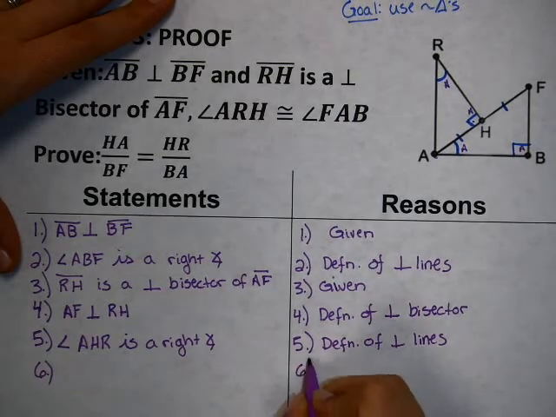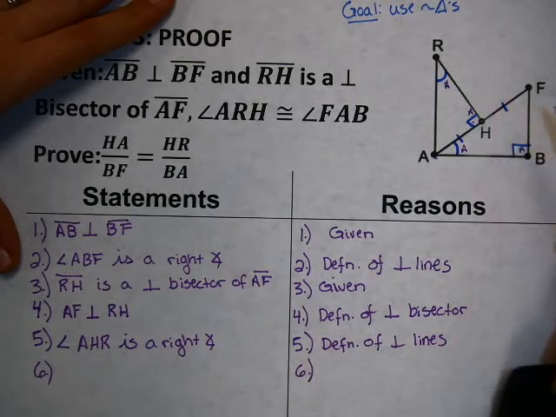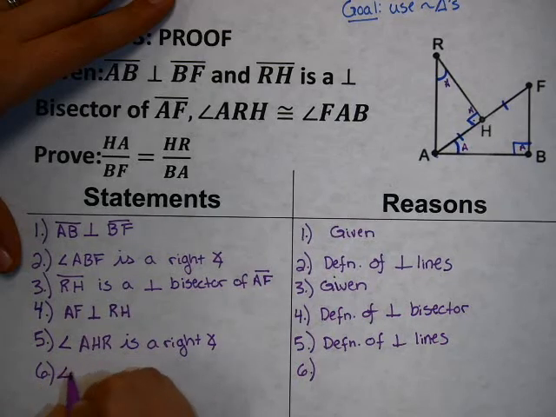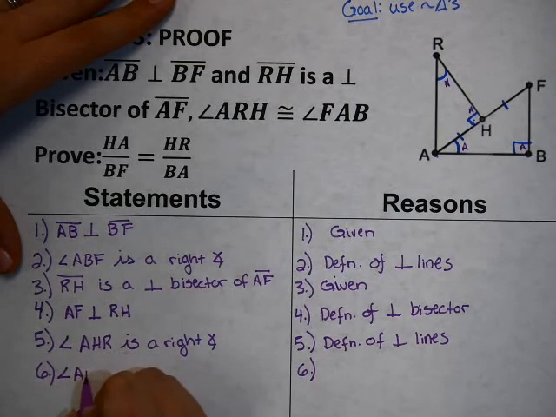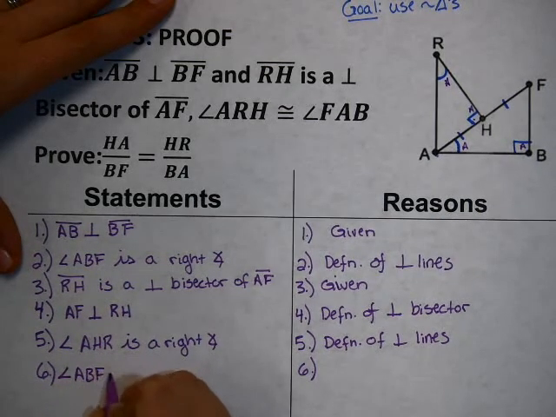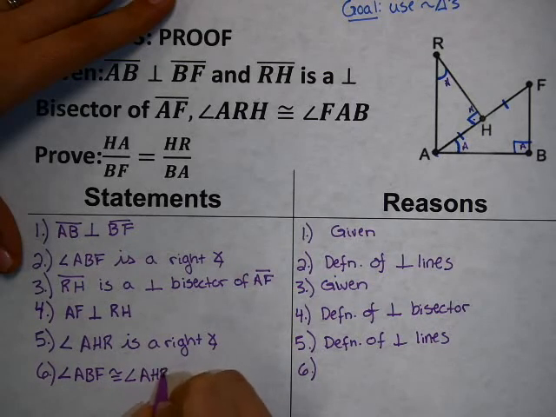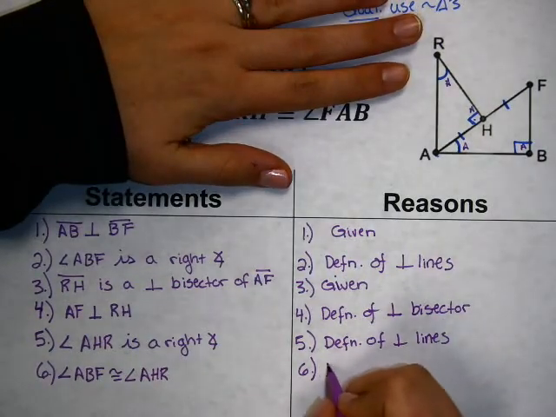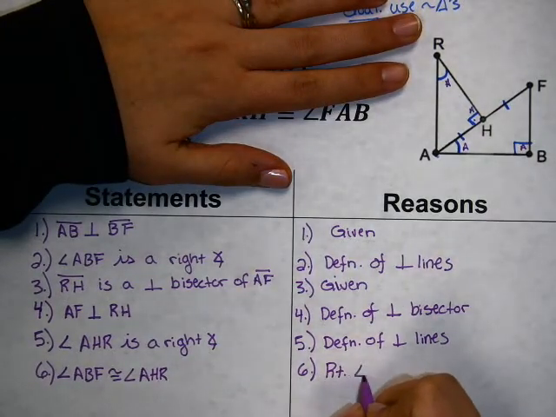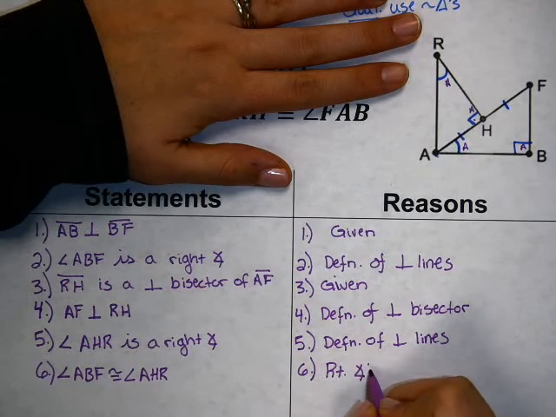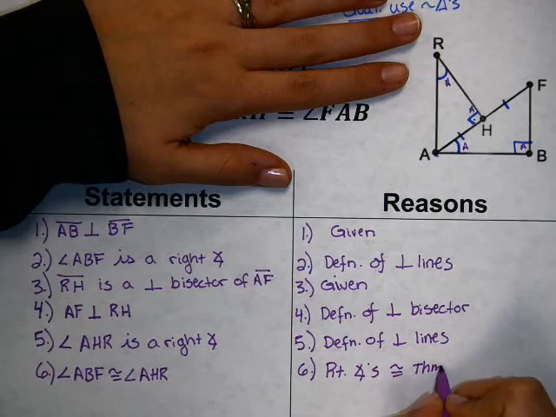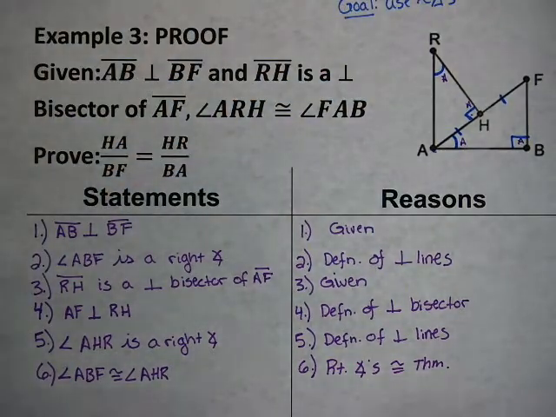All right, and then step 6, I need to say that those two right angles are congruent. So angle ABF is congruent to angle AHR, and that's by our right angles congruence theorem, which states that all right angles are congruent.